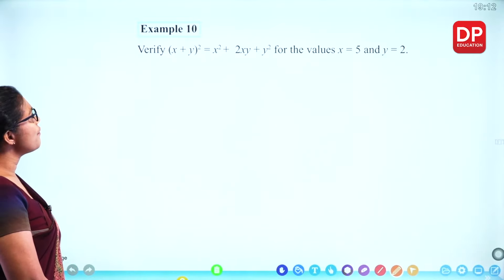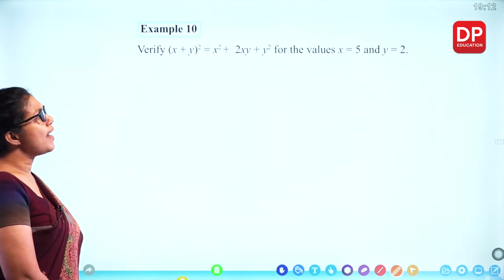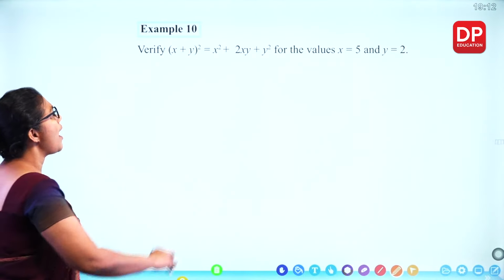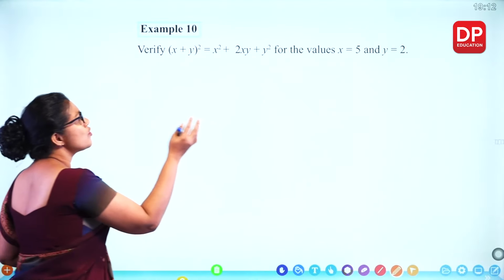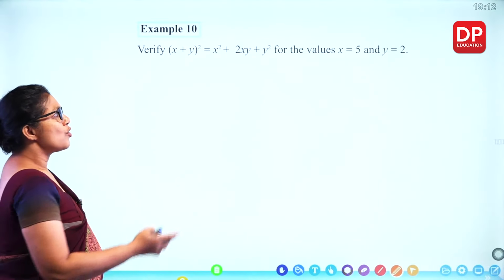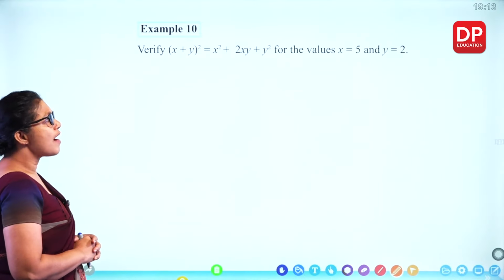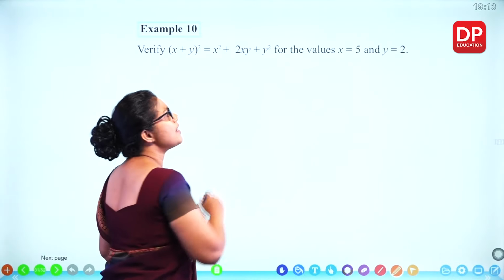Now we'll see example number 10. It says verify this for the values x equals 5 and y equals 2. So you are given an expression with two sides. You have to check whether the left hand side is equal to the right hand side with the given numbers.